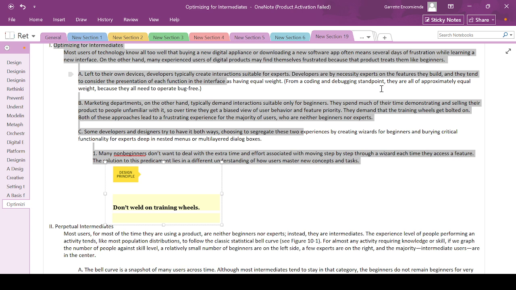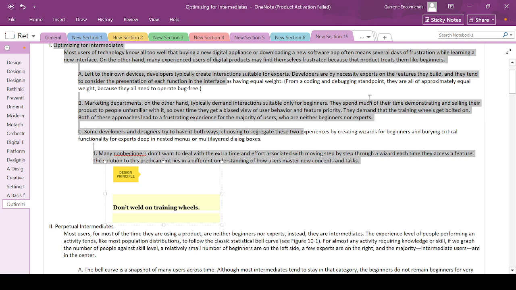From a coding and debugging standpoint, they are all of approximately equal weight because they all need to operate bug-free. So they may think that all those interfaces or functions are equal, kind of like the use cases, but they don't think that the visual organization is important to serve the mental model of the user.